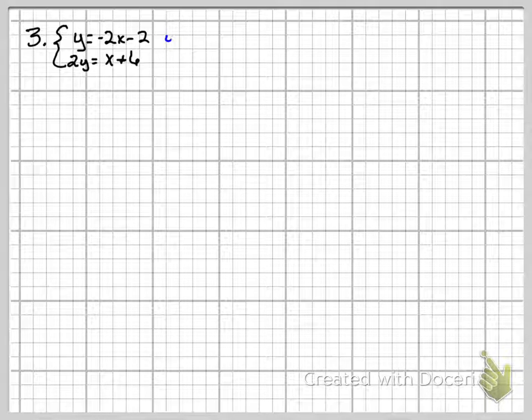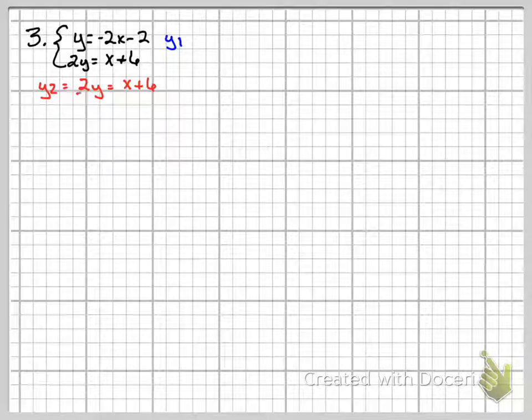All right, y1 is my first equation. Y2 is my second equation. Let's get that worked out. So we have 2y equals x plus 6, and we're going to get that into slope-intercept form.